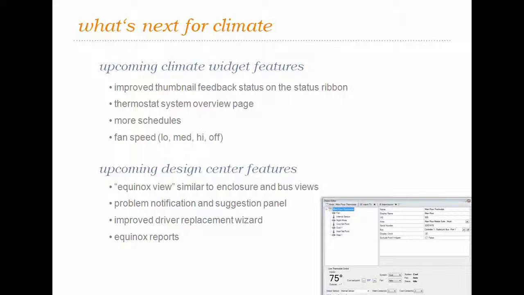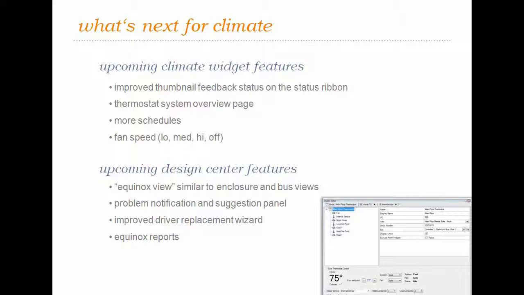The next thing we're going to be adding to the climate widget is what we call the overview page. So right now, you have a scheduling page, and then you have individual thermostat pages. We're going to be adding a new page, which will be to the far left, which will allow you to see all of the thermostats in the project at a glance. So if you have 15 thermostats, I think we'll be able to show 9 at a time or so.